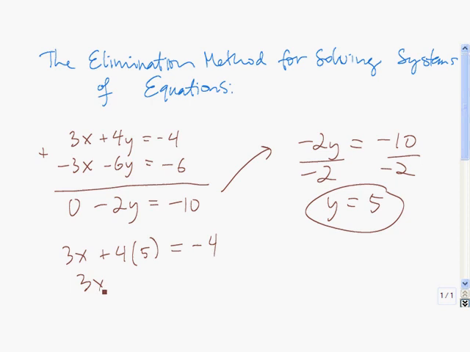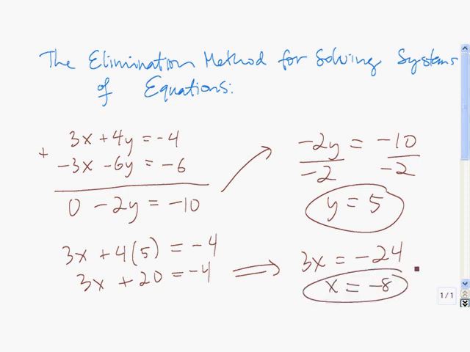So we have 3x plus 20 equals negative 4. Subtract 20 from both sides. So we have 3x equals negative 24, so x is equal to negative 8. So the solution to this system is y equals 5 and x equals negative 8.